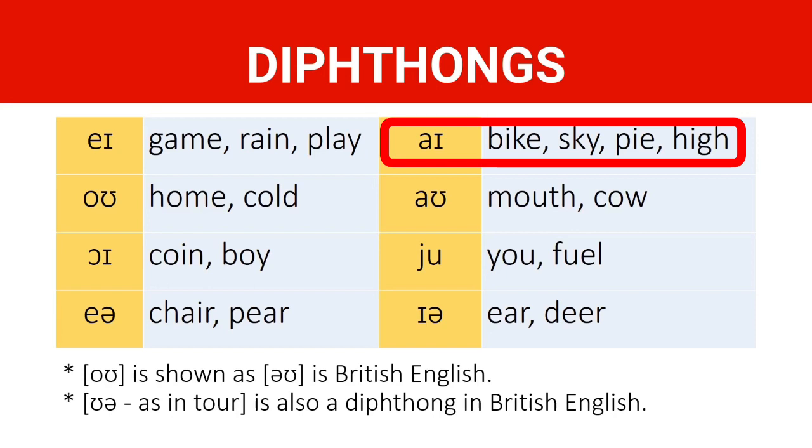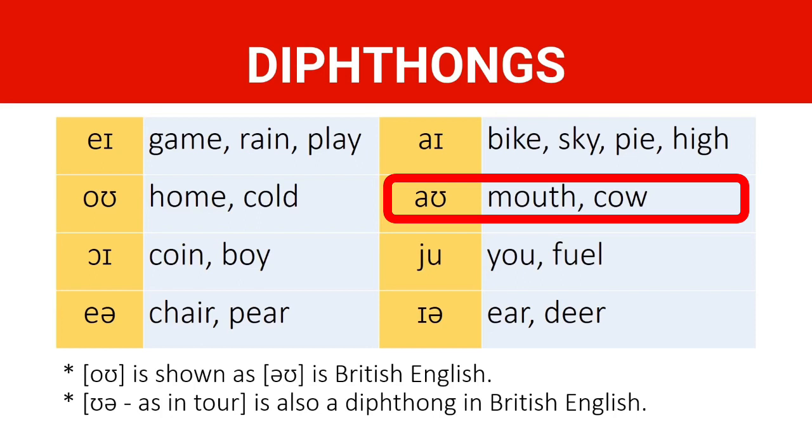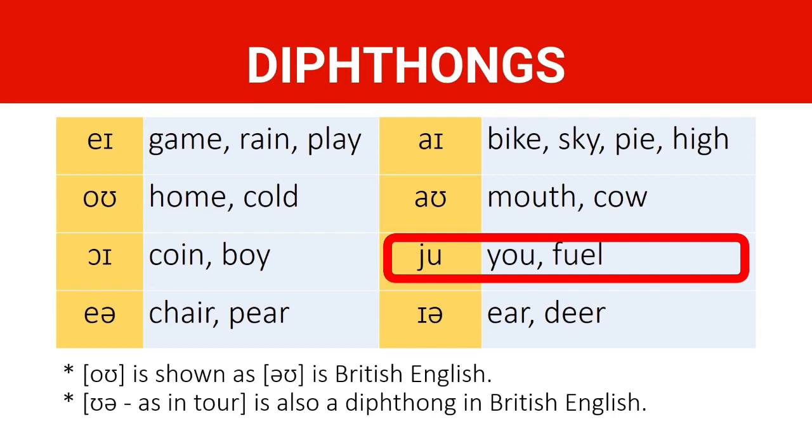I: bike, sky, pie, high. Ow: mouth, cow. You: fuel.